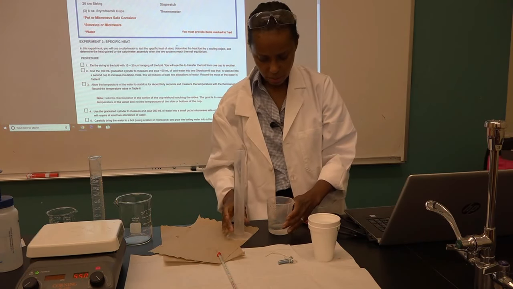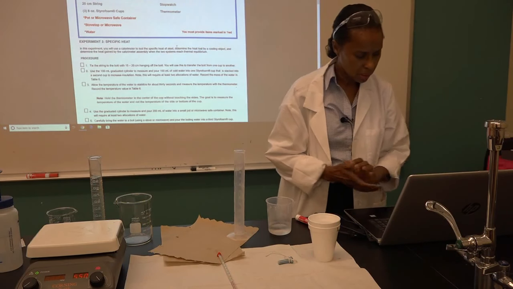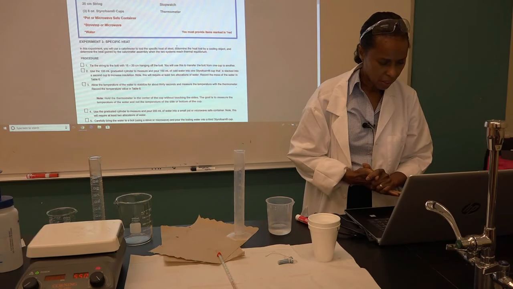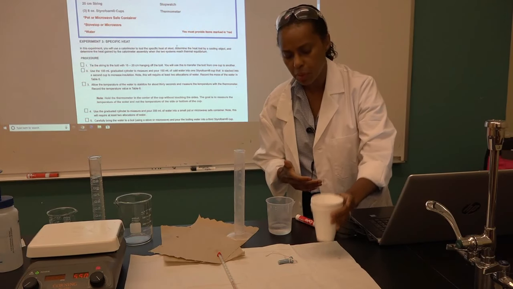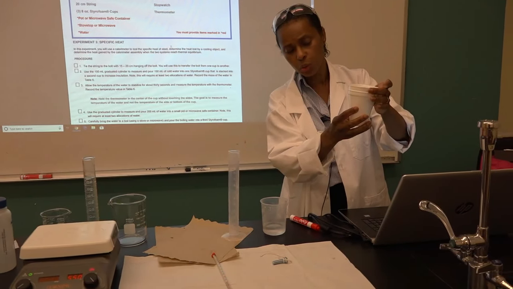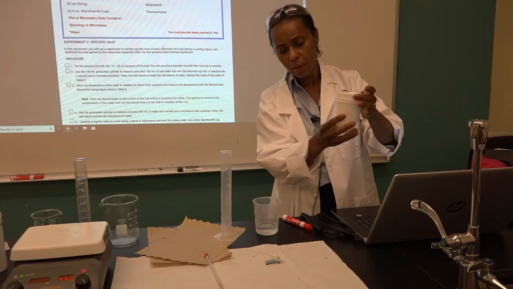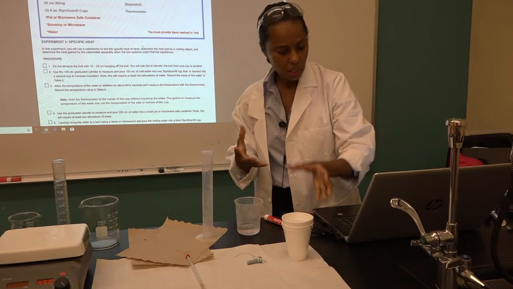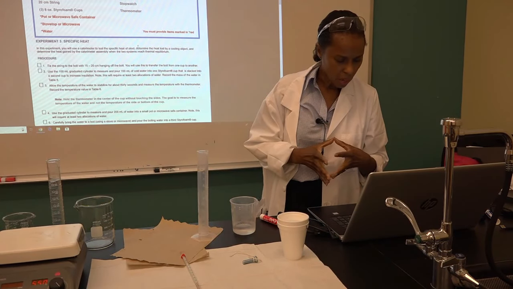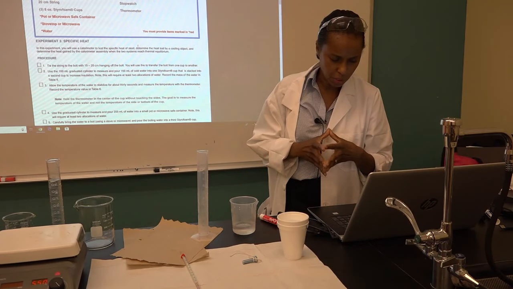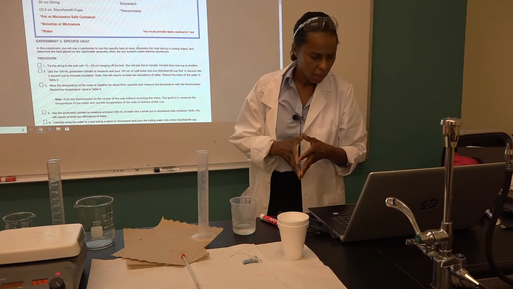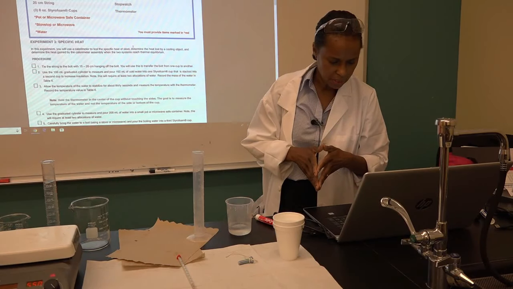Okay, and that's that. So we did that for the first time. And as you can see, the cups are stacked together. There are 2 cups here, and this again is to create insulation. Once we have done that, we're going to record the mass of the water in table 6.